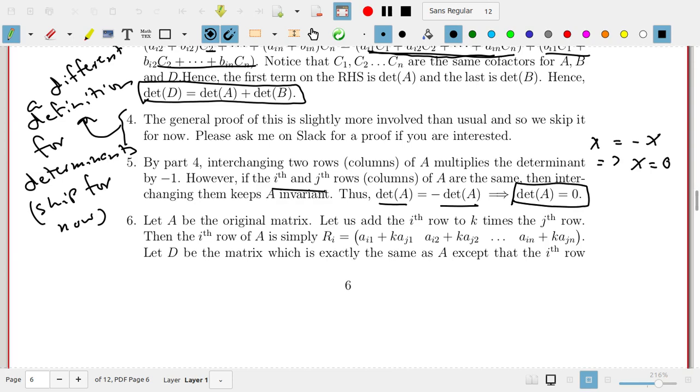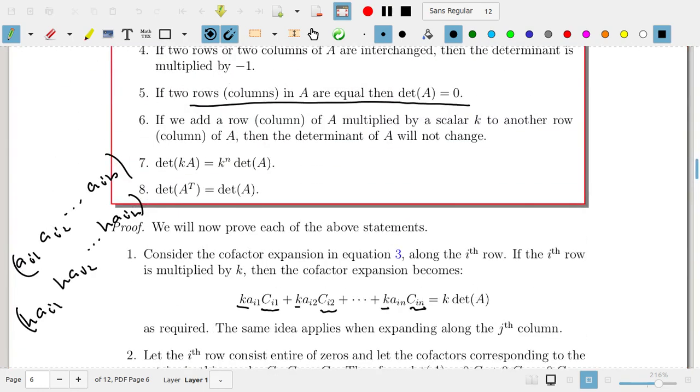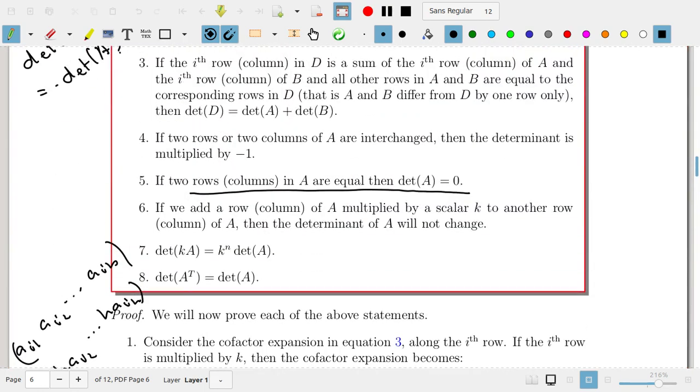Now let A be, okay, part 6 of theorem 5.4 tells us that if we add a row or column of A multiplied by a scalar k to another row or column of A, then the determinant of A will not change.